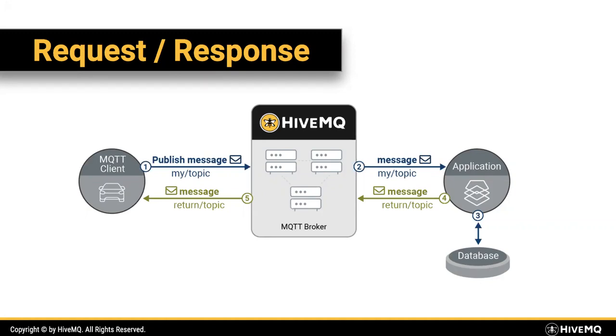An MQTT client publishes a message, the broker forwards the message to an application. The application then takes care, writes to a database. And as soon as this is successful, it wants to notify the MQTT client. So it sends back a message to another topic, which the broker distributes to the client.